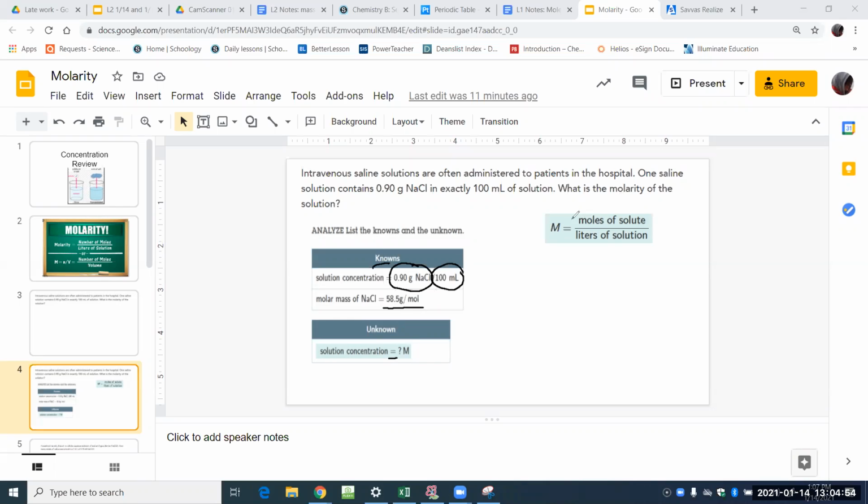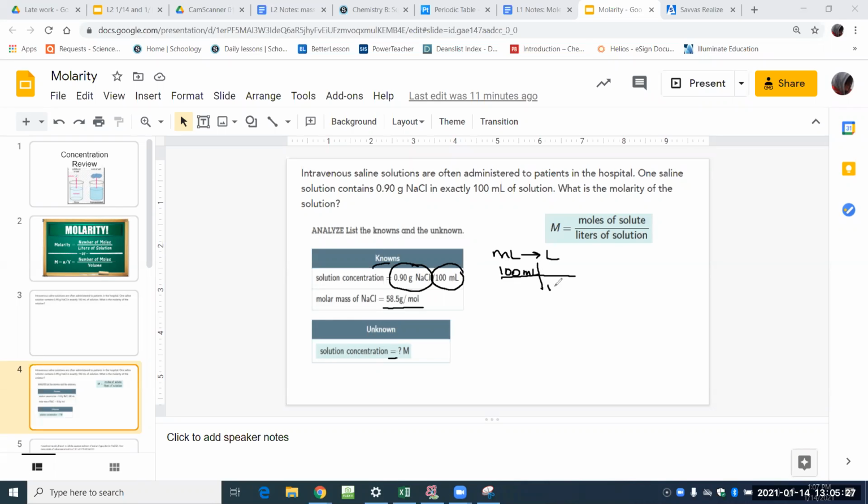Okay, so looking at this formula, and I always let the formula guide me on what my next steps are, okay? So liters of solution. Do I have liters of solution? Not quite. It's not giving me liters, it's giving me milliliters. So I need to quickly convert mLs to liters, okay? And I know I'm going to do dimensional analysis for conversion. I know that the given is 100 mLs.